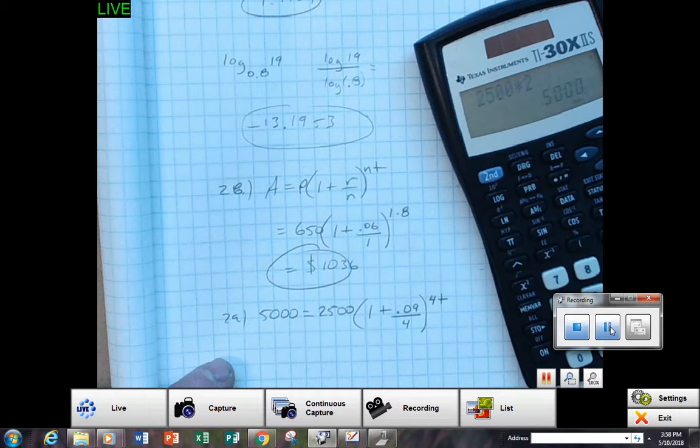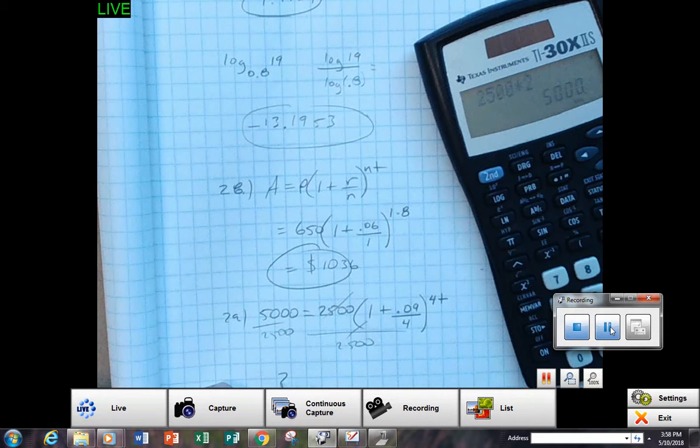Let's see. So I'm going to divide both sides by 2,500. That gives me 2 equals 1 plus 0.09 over 4 to the 4t power.